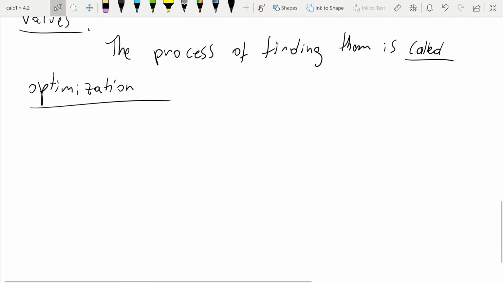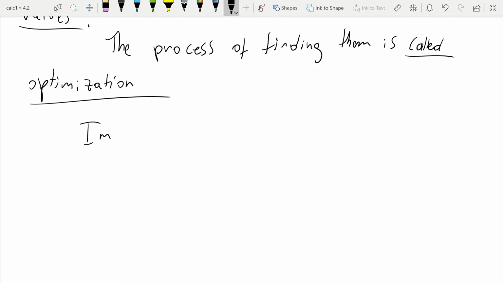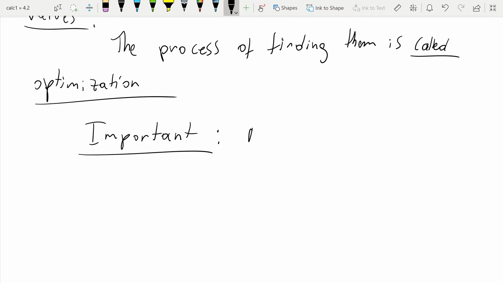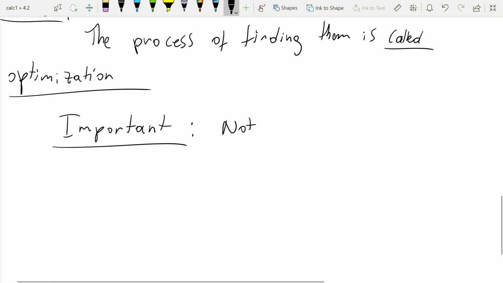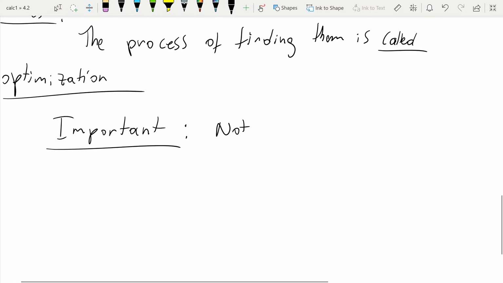An important thing: if not, we wouldn't be introducing these concepts. Maybe we would, but it would be kind of clear that we can always find these values if all functions were continuous and you were always trying to find maximum and minimum over closed intervals.